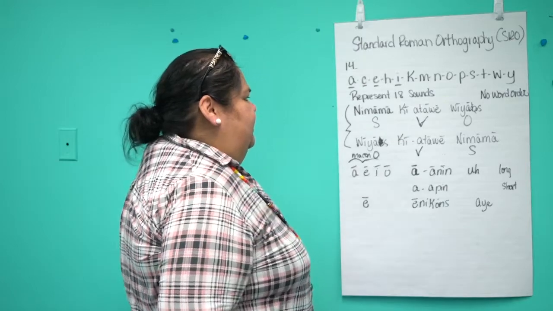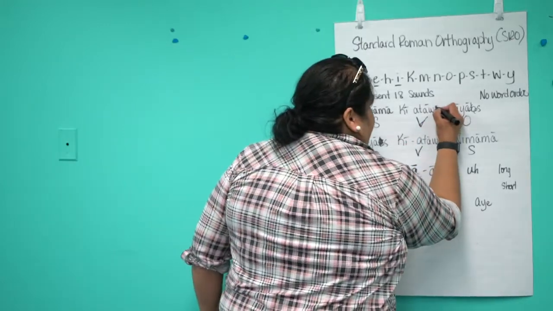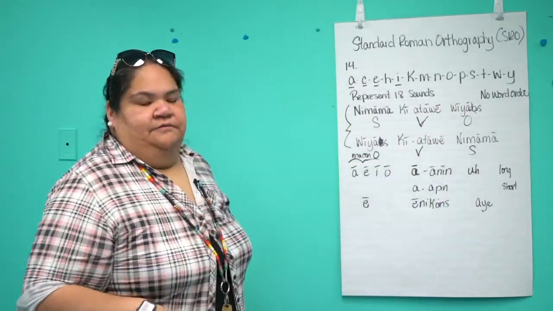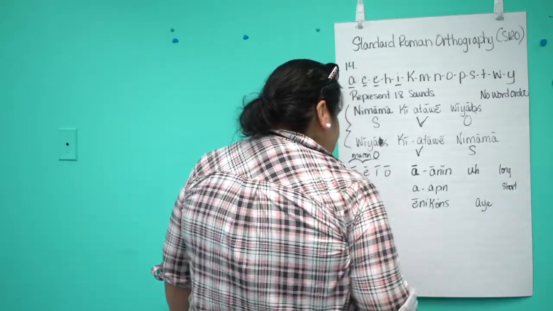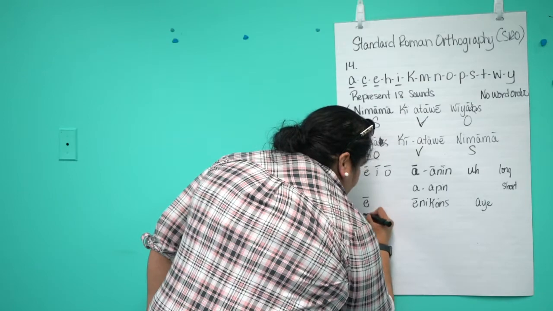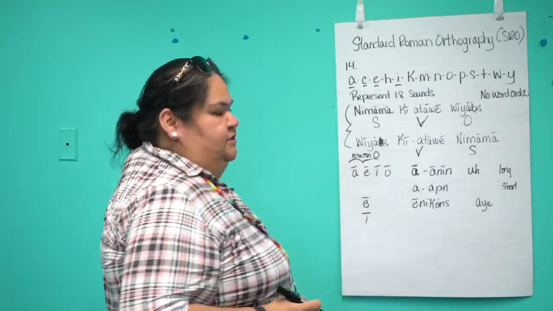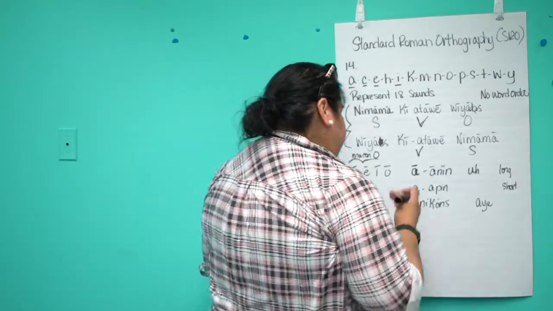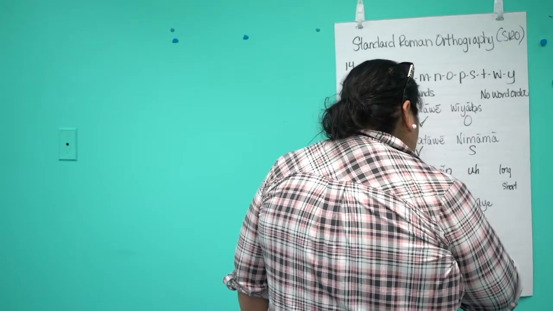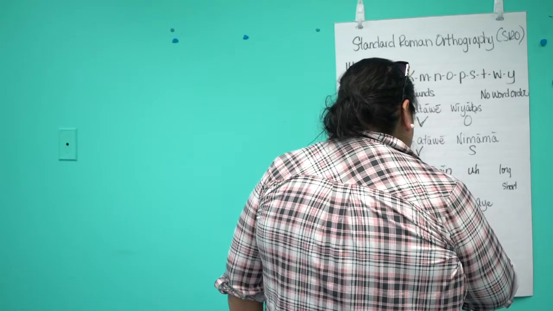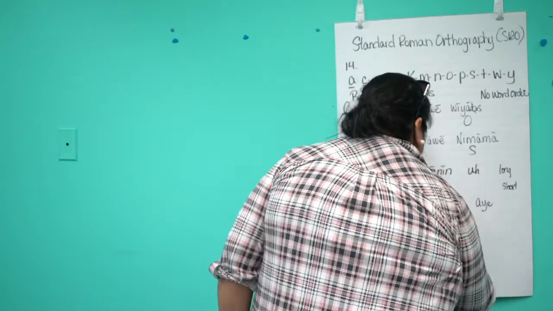So if you see an E without a macron on it, it should have a macron on it. Okay? Anishinaabemowin. And then the I with the macron makes the E sound.